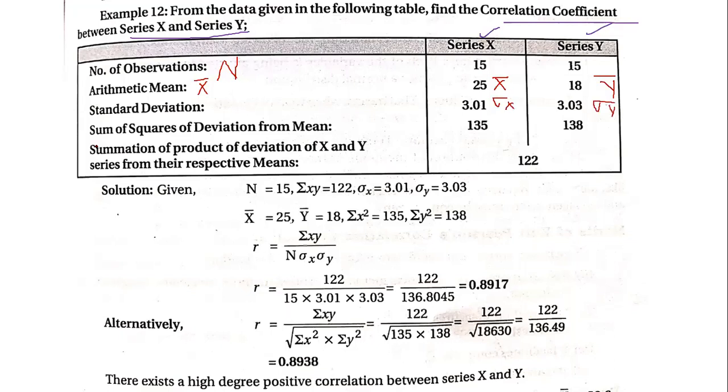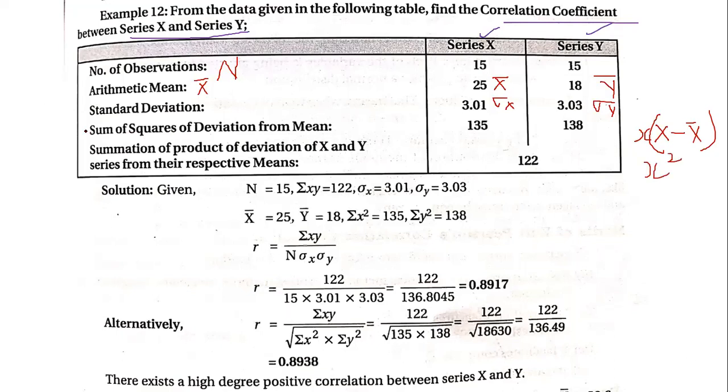Next, sum of squares of deviations from mean. Now deviations, if you remember in the first set of problems we did, the small x which we found out, that is x minus x bar. That is the deviation. Now deviation square means x square.